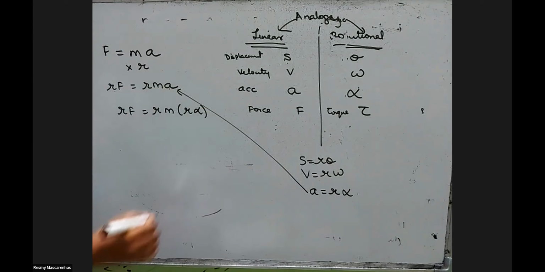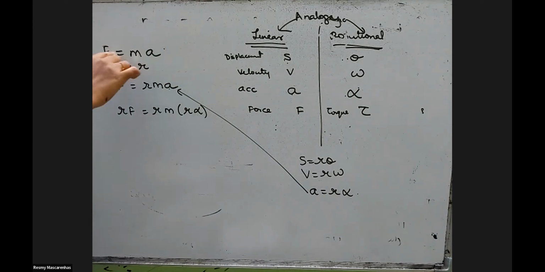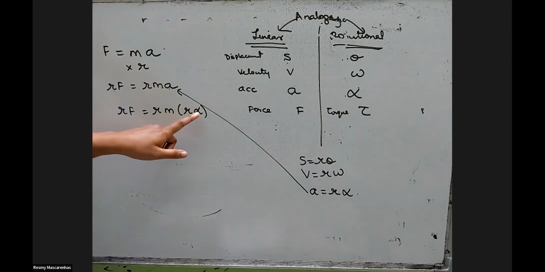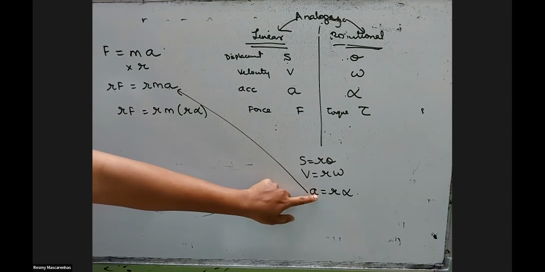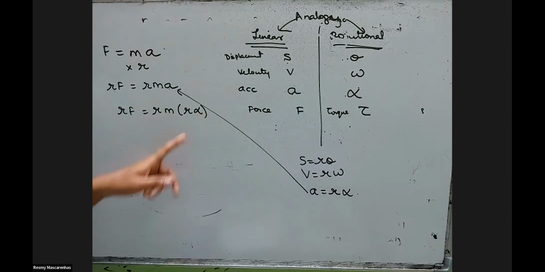So instead of acceleration, I'll use this. This is for translational. We know that force is mass into acceleration. So I'm just trying to write in terms of rotational now. So what is alpha? The relation for acceleration is r times alpha. Instead of a, I've just substituted here.